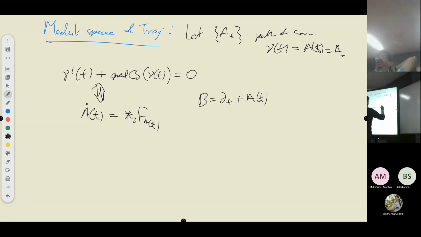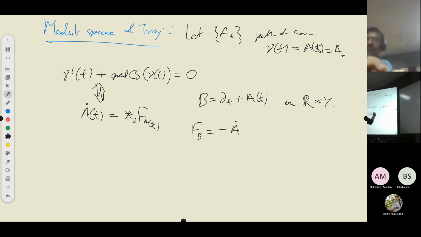So, okay, here's a connection that we have on R cross Y, and let's see if we can write down what the equation is in terms of the connection B. First of all, FB is going to be minus A dot T wedge dT plus FAT.